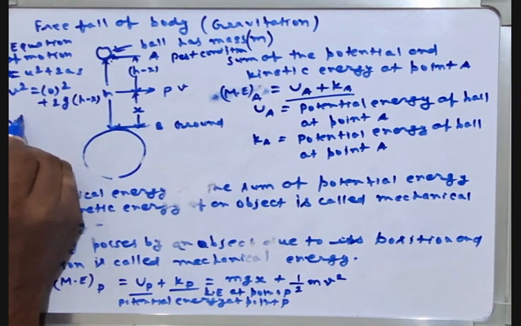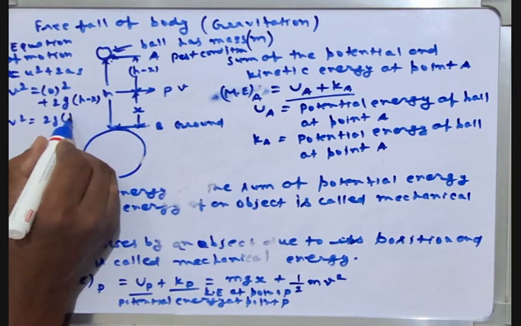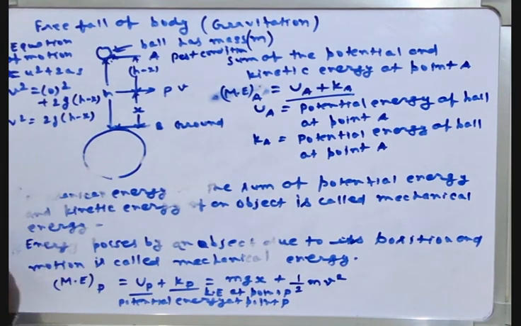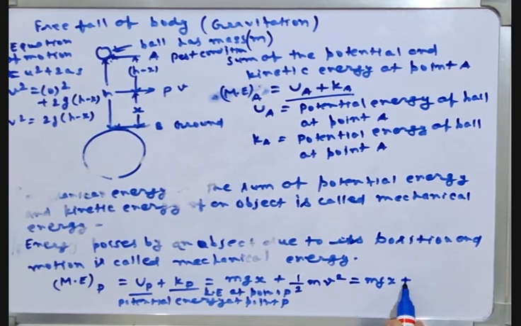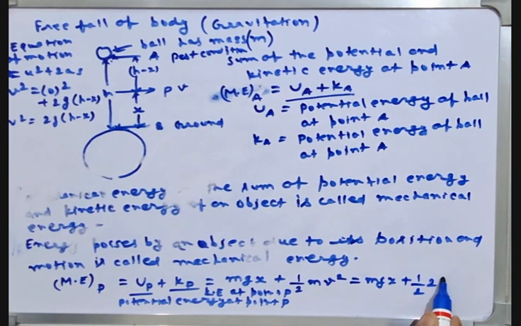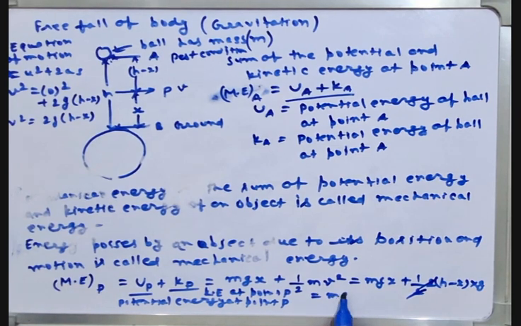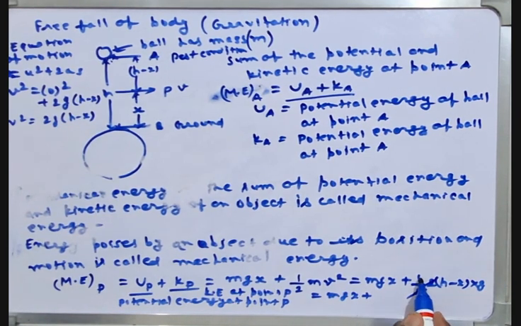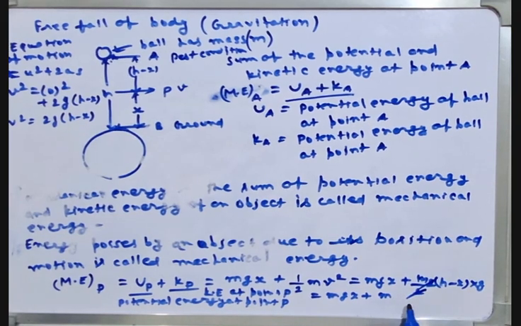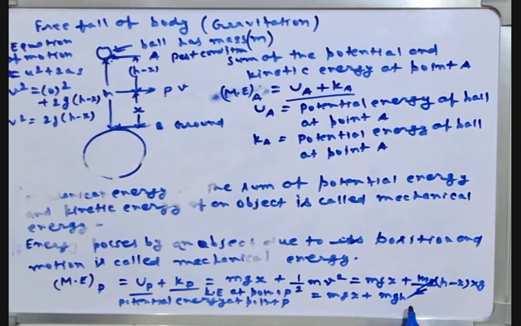Okay, so v square equals 2g(h minus x). Okay, now if we put here, then mgx plus 1 by 2 m times 2g(h minus x), the 2 cancels out, again mgx plus mg(h minus x), which is mgx plus mgh minus mgx.